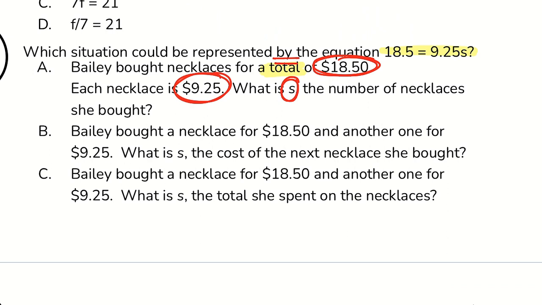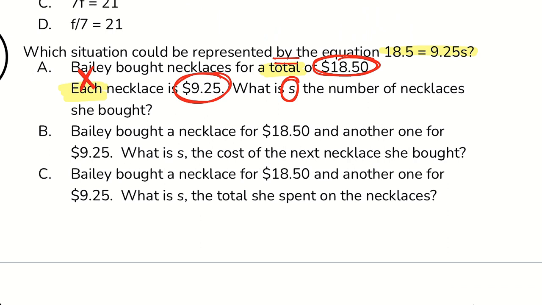And I also saw a keyword, each. Each means multiply. Yes, and it's also used for division, but it kind of depends on the word problem. That goes both ways. We're not going to be dividing out the necklaces, right? No. So this one's going to mean multiply.